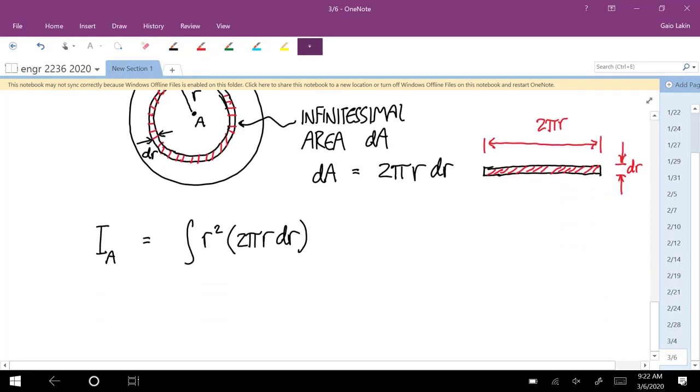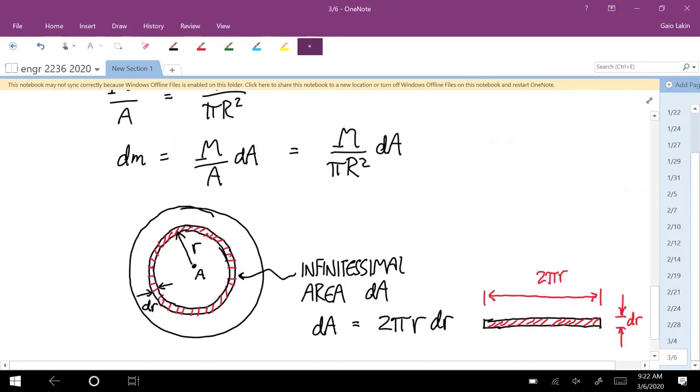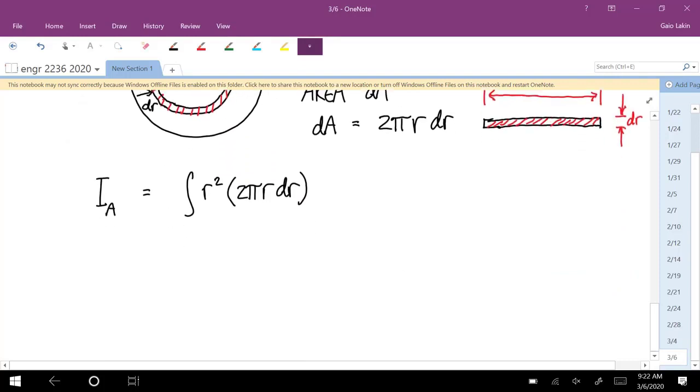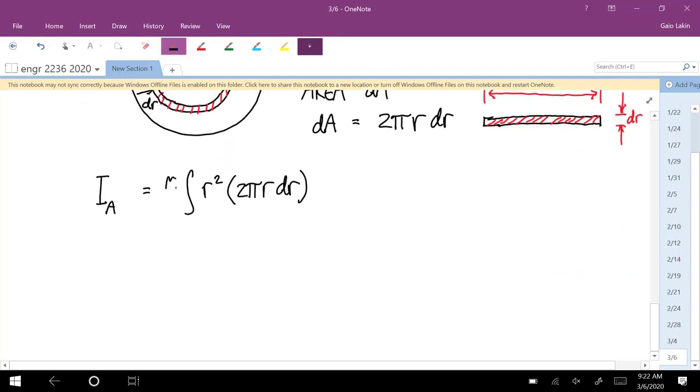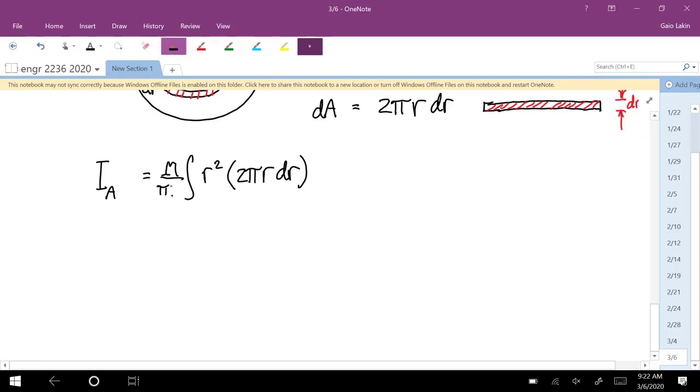We didn't want r squared dA, we wanted r squared dm. So we have to multiply all this by this conversion factor. So since that's a constant, we can pull that outside. So M over pi big R squared. Okay.